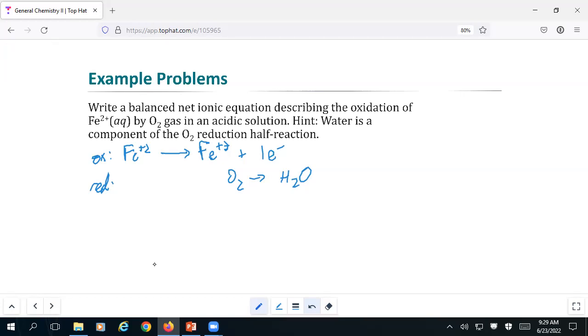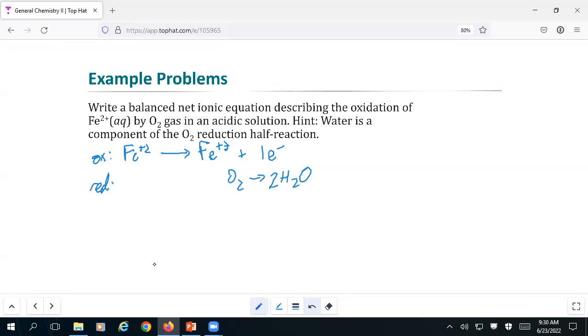In this one, there are no elements other than oxygen and hydrogen, so I don't need to worry about balancing anything else. I balance oxygens with water molecules. I've got 1 there, doesn't quite take care of it. What I really need here is 2. I need 2 water molecules to give me the oxygens that I need.